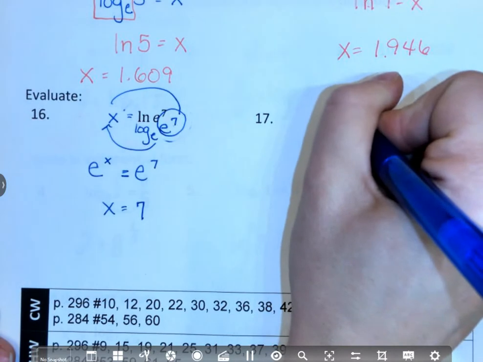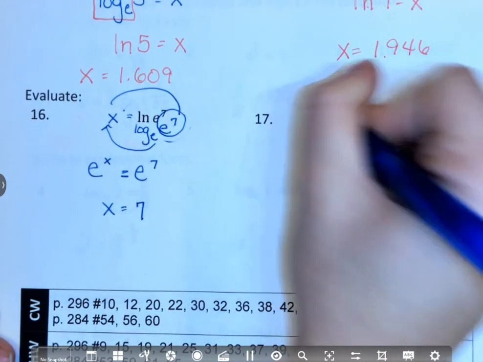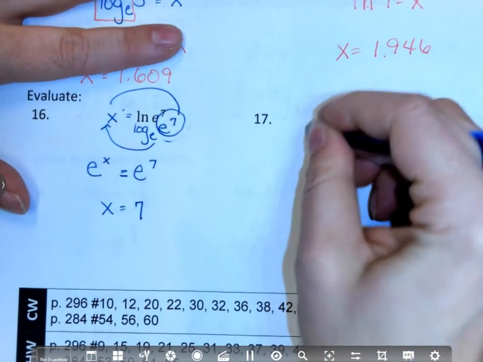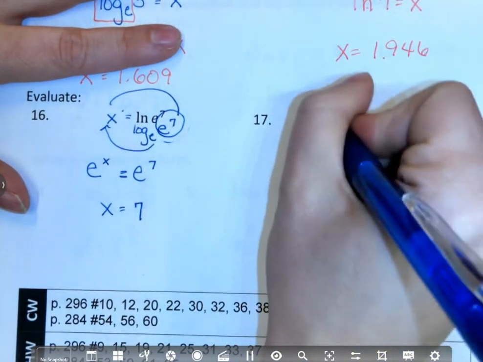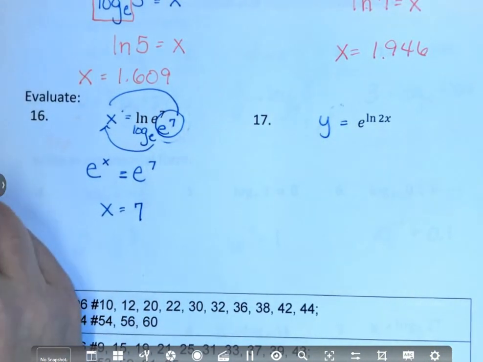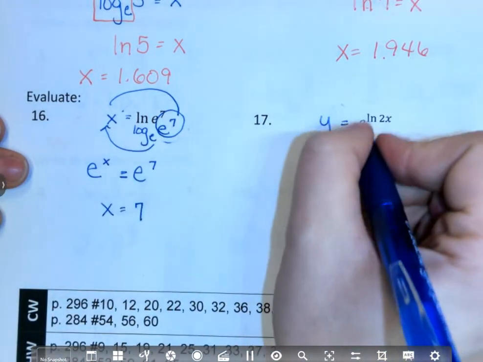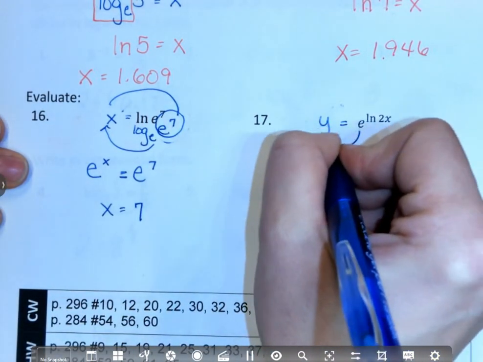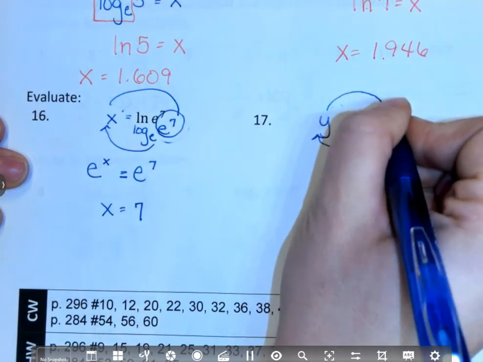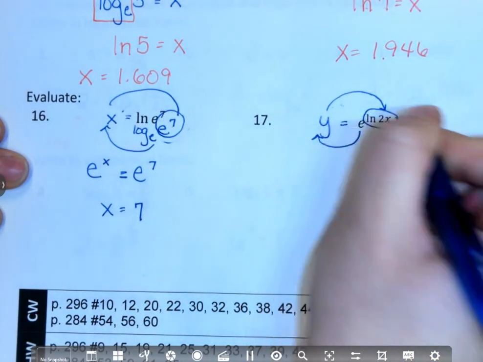Likewise with this one. If I set that equal to, I'm not going to use x. I was going to use x, but x is in that problem already. I'm going to call that y. And I would rewrite it in logarithmic form. I would say base of equals.